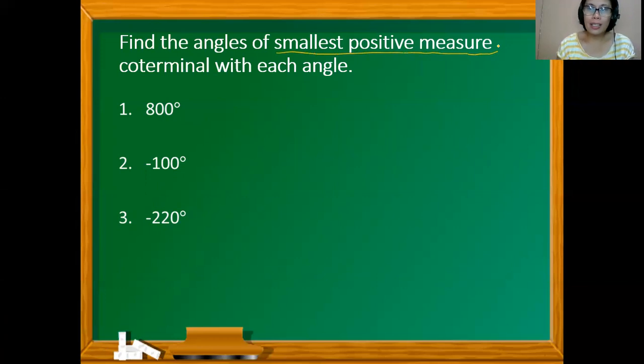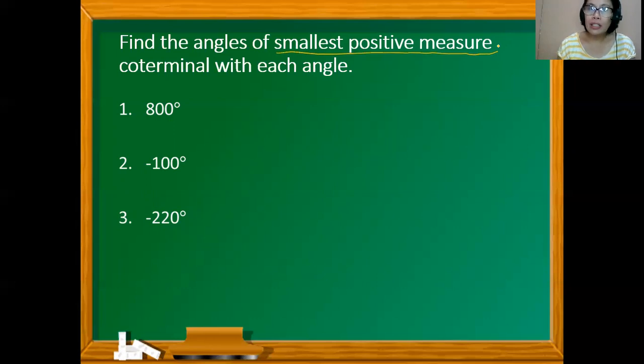The smallest positive measure is an angle greater than 0 but less than 360, because one complete rotation, as we know, is 360, and we're looking for the smallest positive measure, so that should be less than 360.